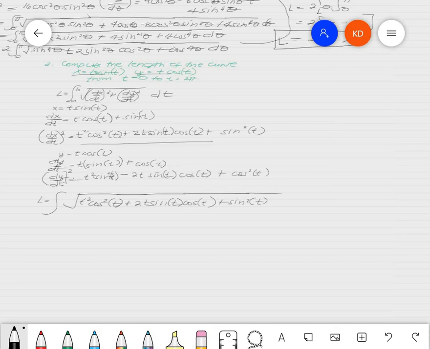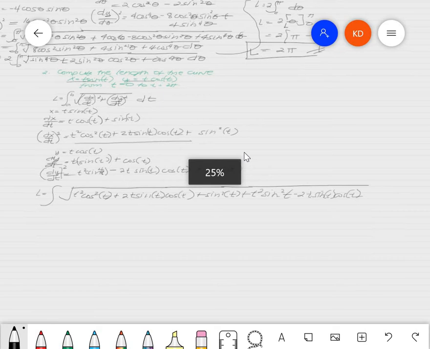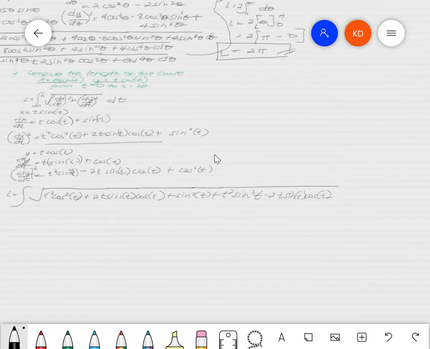We have here plus the quantity dy over dt, quantity squared, which is equal to t squared sine squared t minus 2t sine of t and cosine of t, plus the quantity plus cosine squared t.